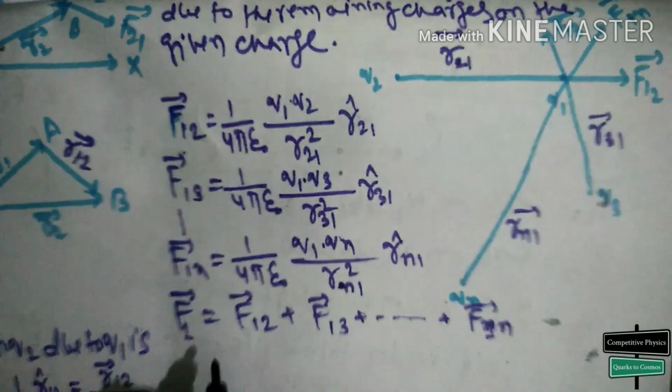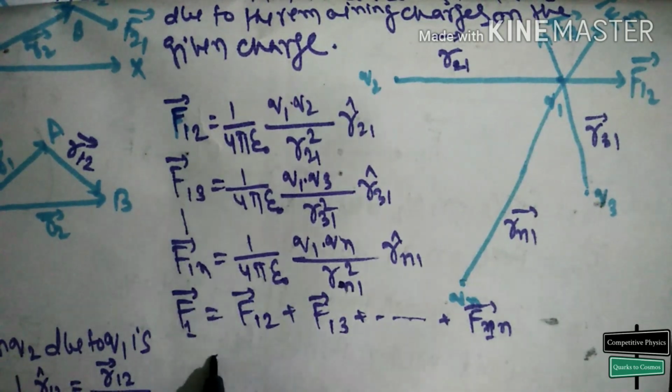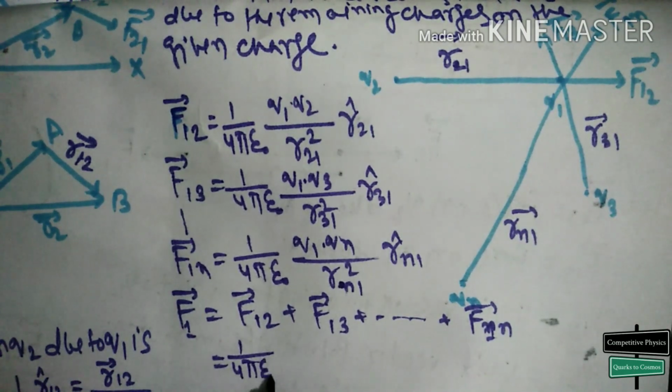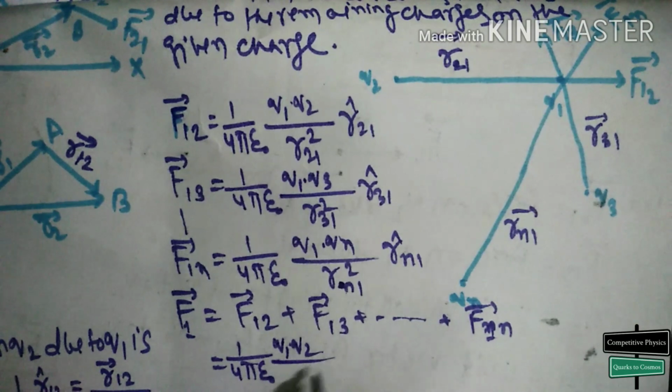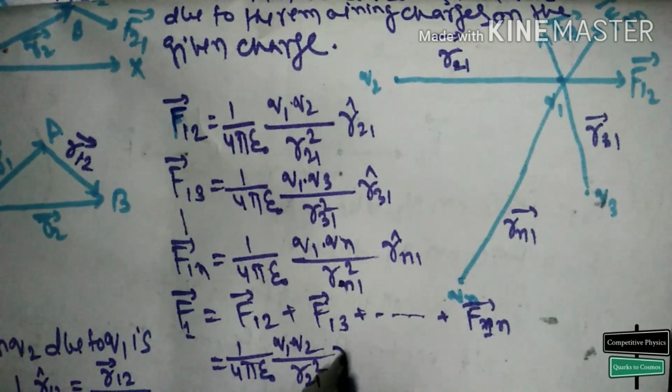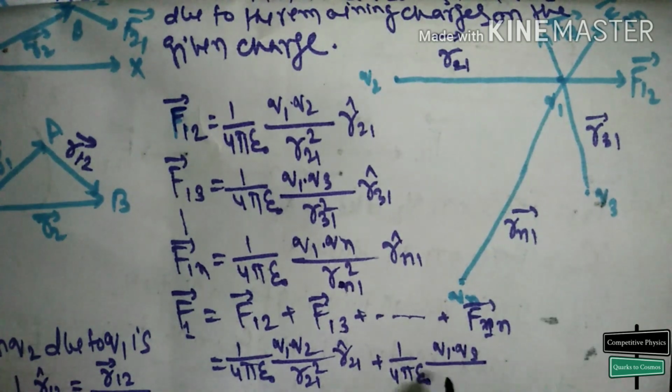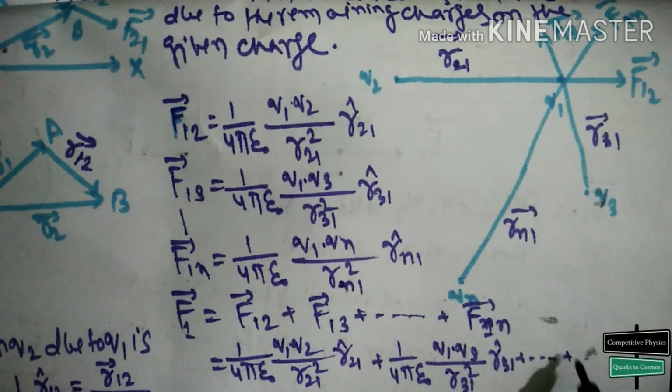If you substitute all those equations here, I have 1 upon 4 pi epsilon naught, q1 q2 upon r21 square, r cap 21, plus 1 upon 4 pi epsilon naught, q1 into q3 upon r31 square, r31 cap, plus and so on, 1 upon 4 pi epsilon naught, q1 into qn upon rn1 square, rn1 cap.